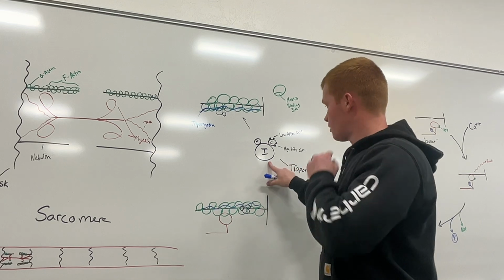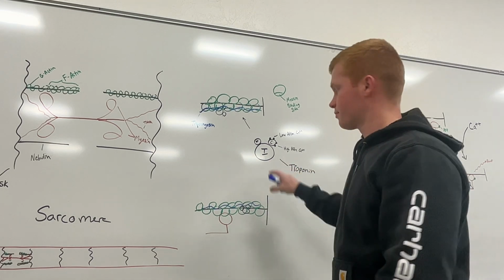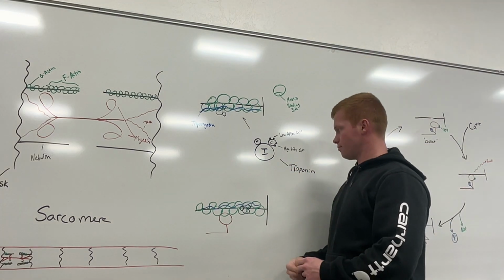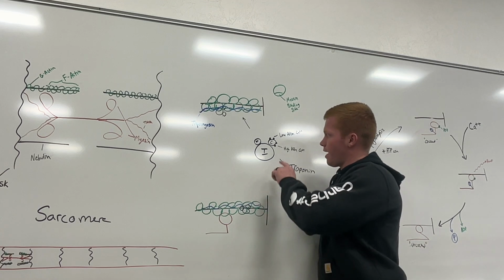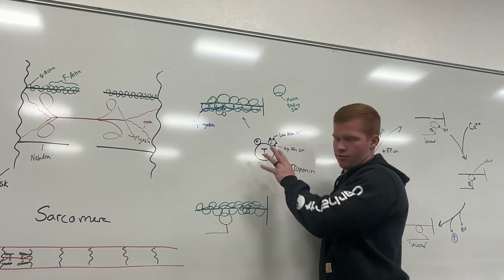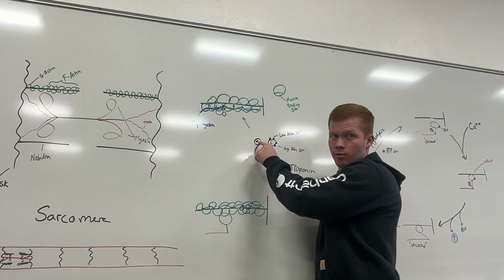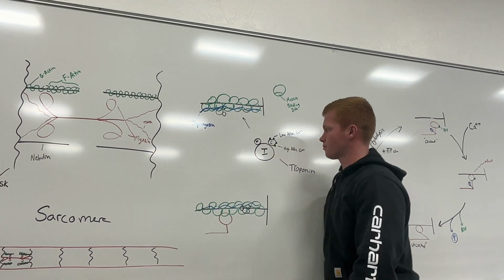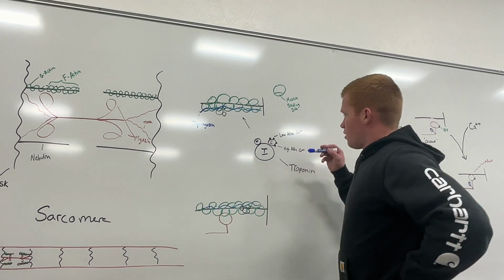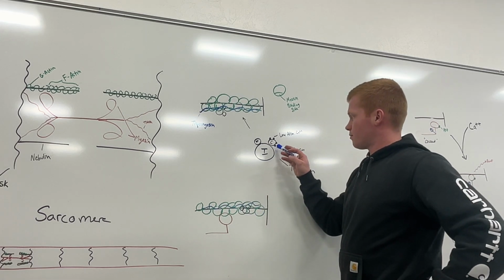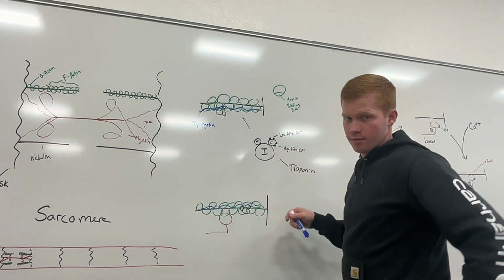Then we have troponin. And troponin is another protein, and it's gonna have three parts to it. The first part, don't know what it's called, but there's an I there. The next part is the T part, and we have the C part. So the C part's important, and C is for calcium because that's where the calcium binds.